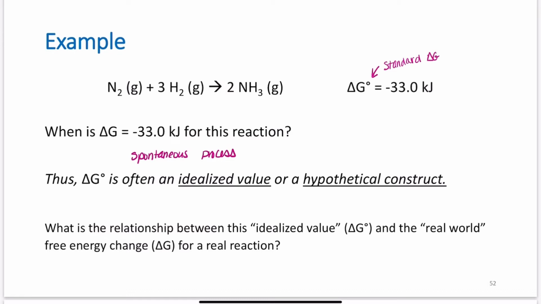So delta G naught is often an idealized value or hypothetical construct. Again, what is the relationship between the two?